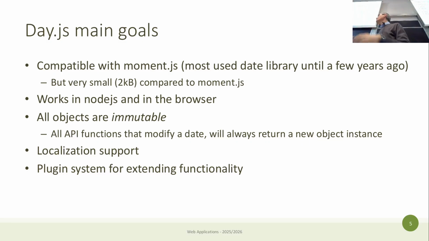These things might happen, unfortunately. So moment.js was sort of standard, and nowadays I would say that the inheritance from that standard library has been taken by this dayjs, which has a very different approach from moment.js.